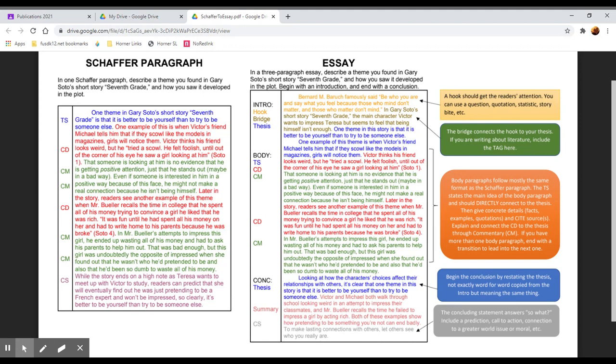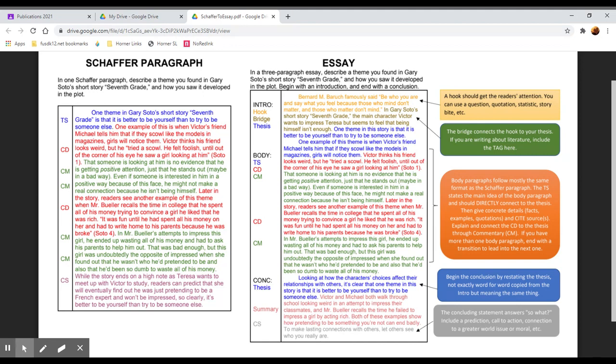And maybe he wouldn't have a real connection because he's not being authentically himself. He's putting on a face to impress people, right? So is that a plausible interpretation of this part, which supports the theme that it's better to be yourself than try to be someone else? Absolutely.